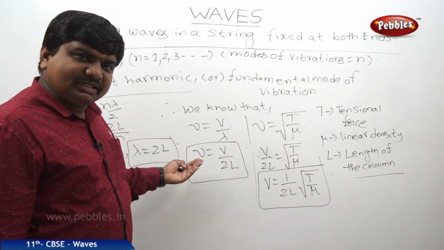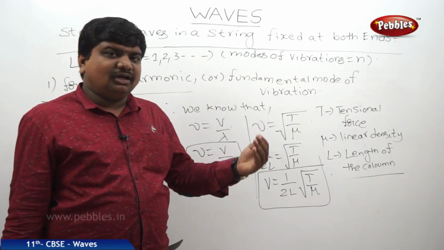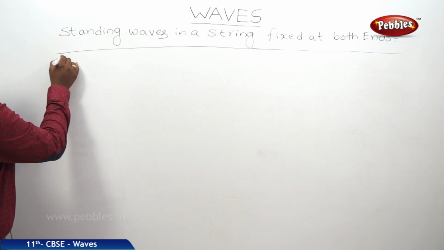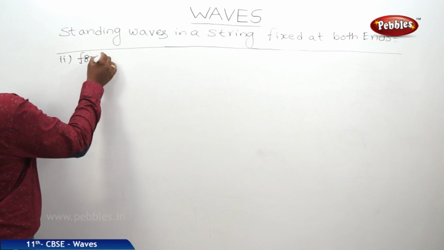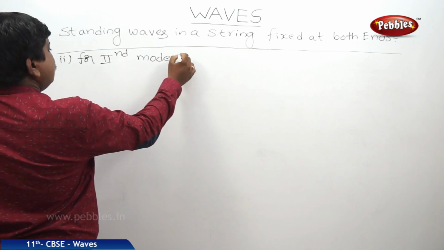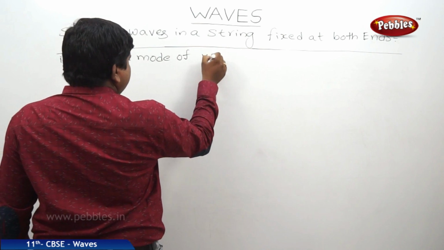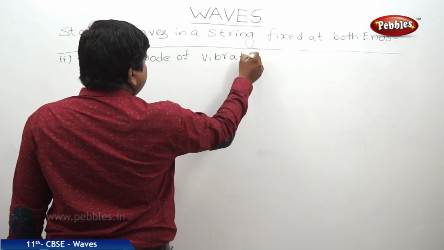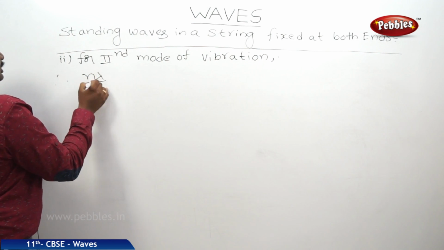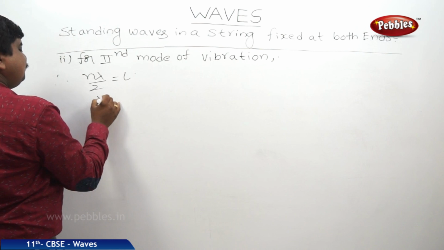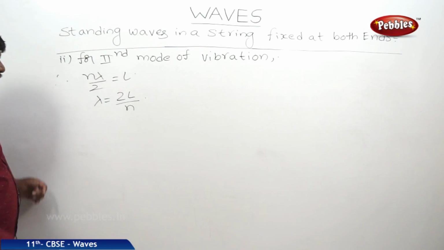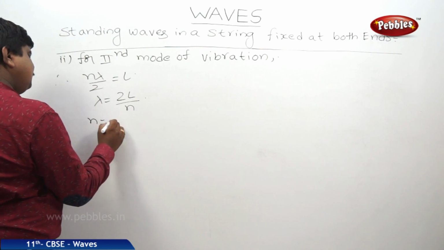Next we will see the second harmonic, third harmonic and nth harmonic. So for the second mode of vibration, we know that n lambda by 2 is equal to L. Therefore lambda is equal to 2L by N. For the second mode of vibration, N is equal to 2.